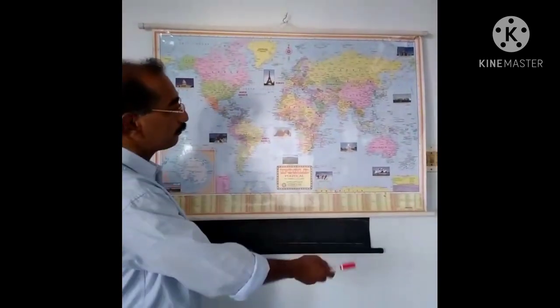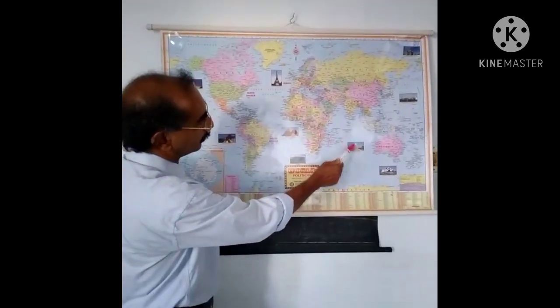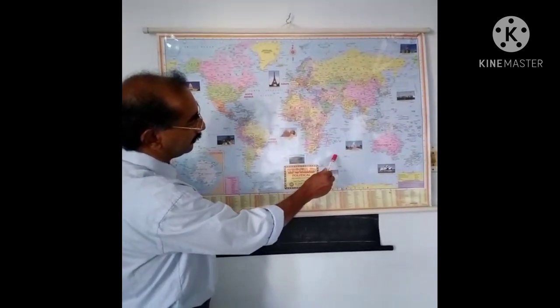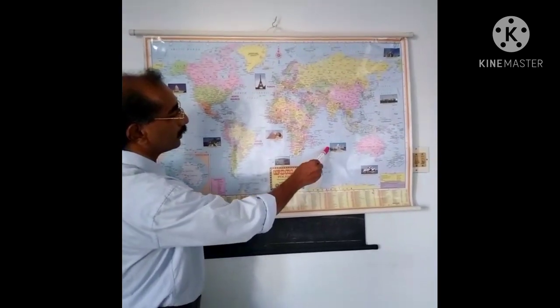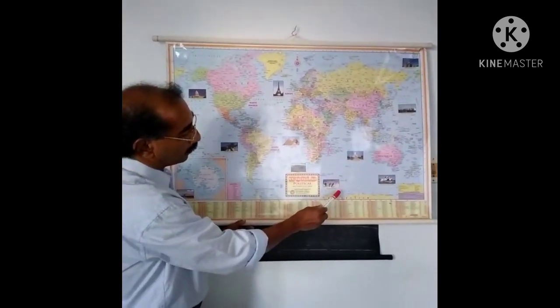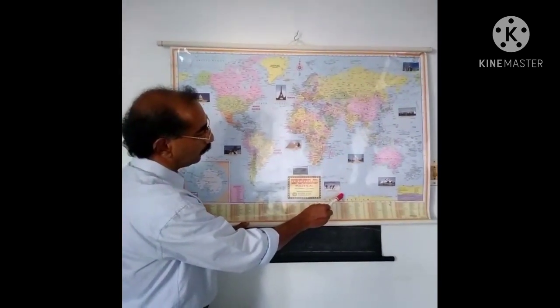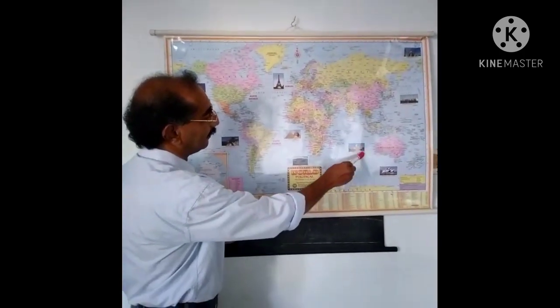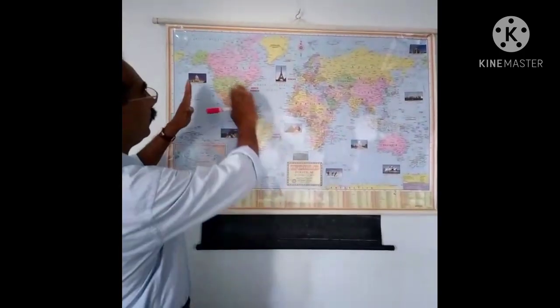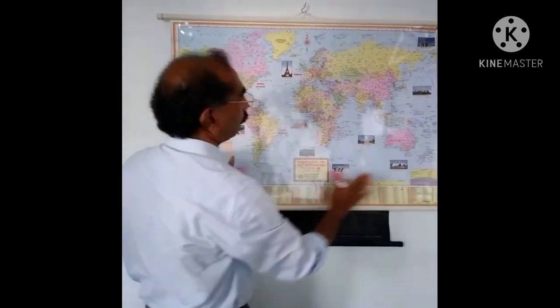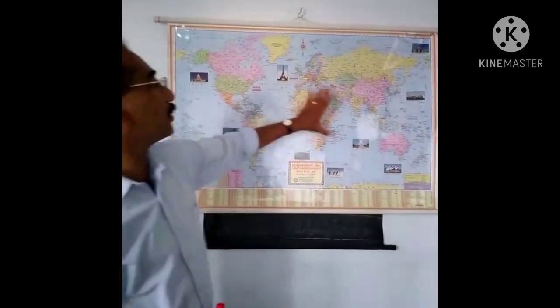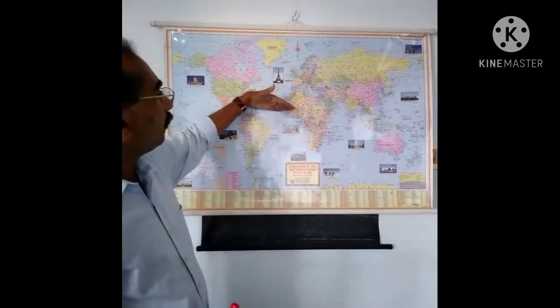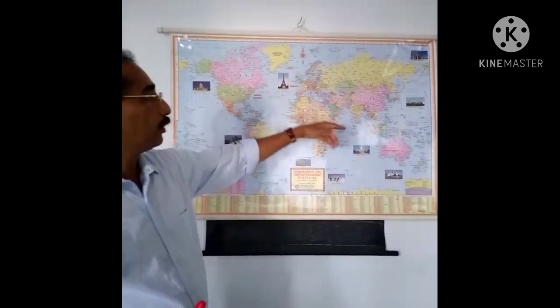In the same way, from 30° the wind is blowing towards 0°. And again from this 60° latitude, the wind will be blowing towards 30° latitude. That means when you consider the whole world, there will be uneven heating.